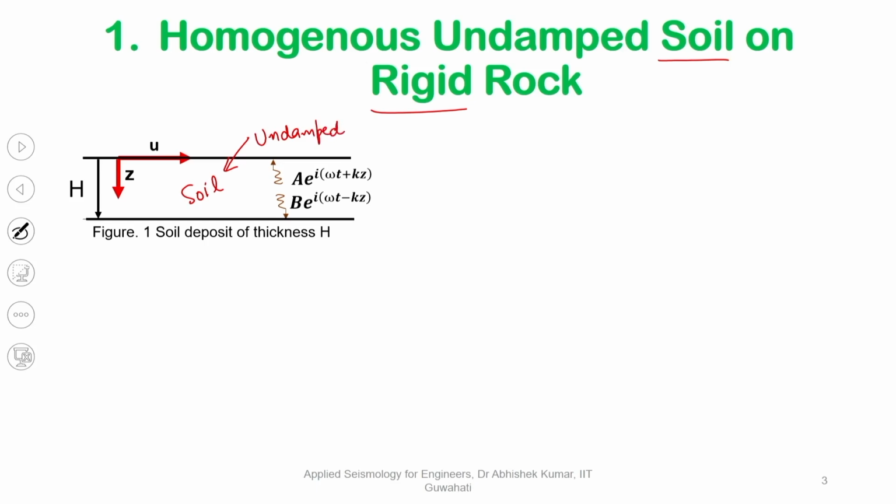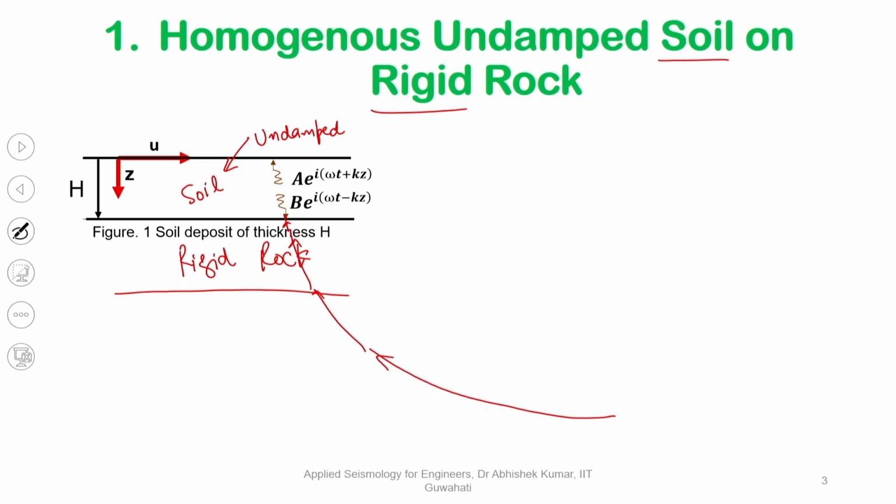So, soil is undamped, which has been defined by the user in the beginning of this discussion, and the waves which were propagating through the site reach the rigid rock. So, the rock medium is rigid, whatever incident energy is there, a component of that will be propagated towards the movement of the soil layer.